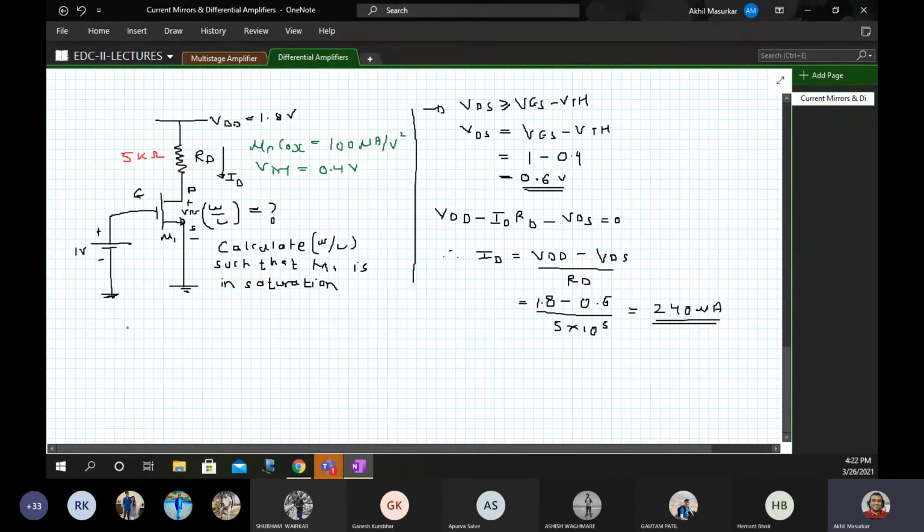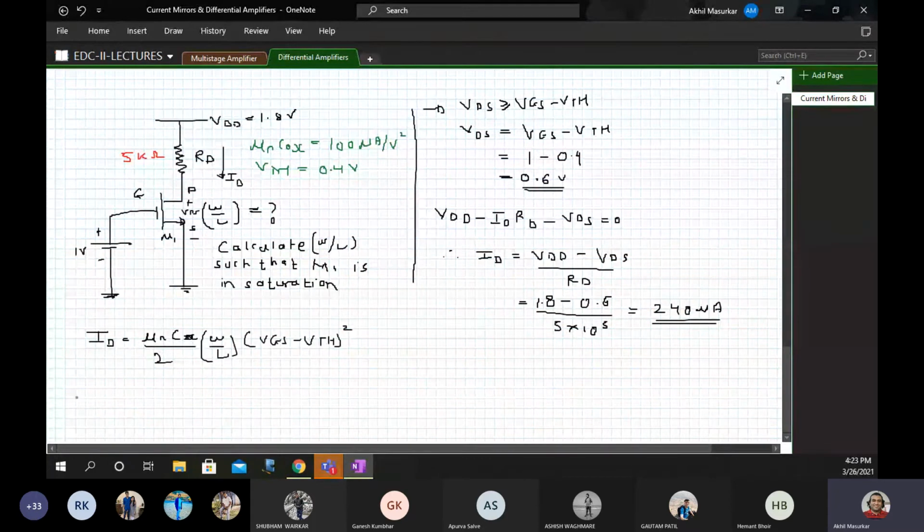We know that the transistor is going to be in saturation, so the formula for a transistor in saturation is ID equal to mu n COX by 2 W by L into VGS minus VTH the whole square.